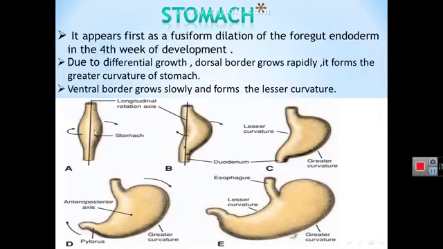This explains why the left vagus nerve innervates the anterior wall and the right vagus nerve innervates the posterior wall.